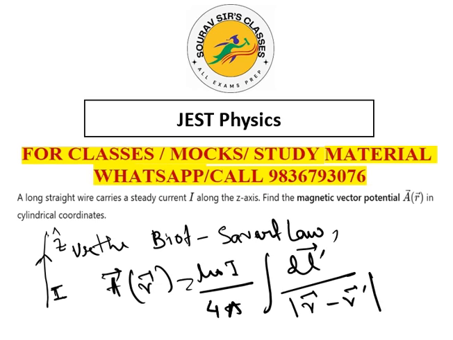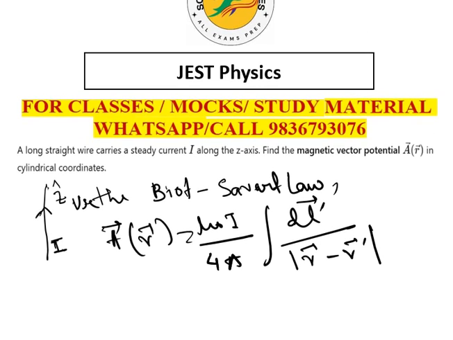So for a long wire on the Z axis, by symmetry, A points in the Z direction.